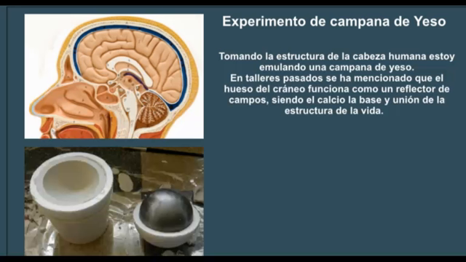Bueno, mi idea es usar el calcio como un elemento que simule la calavera de la cabeza. Se había dicho en los workshops que los huesos son los únicos que pueden reflejar ciertos campos que vienen del cerebro. Tradúcelo tú directamente, Víctor. Dilo tú en inglés.